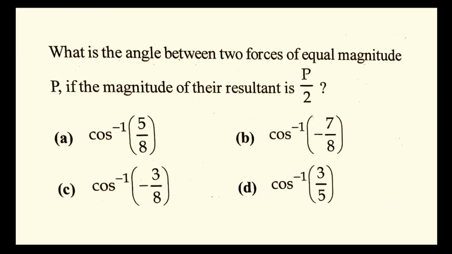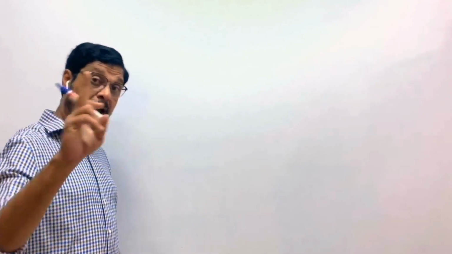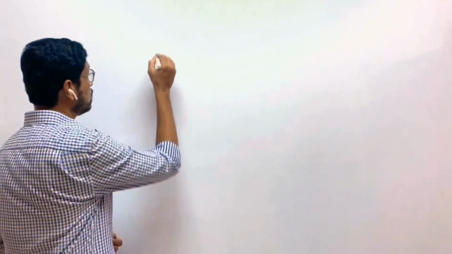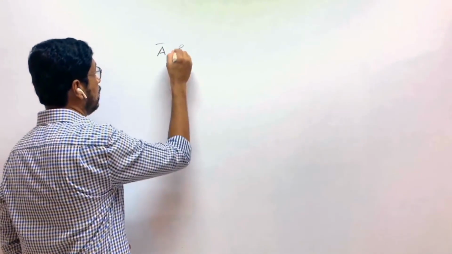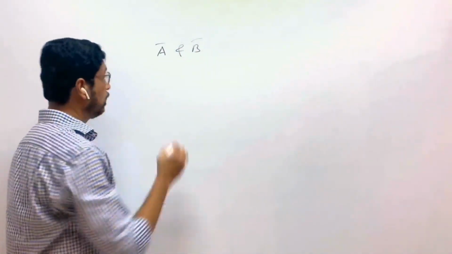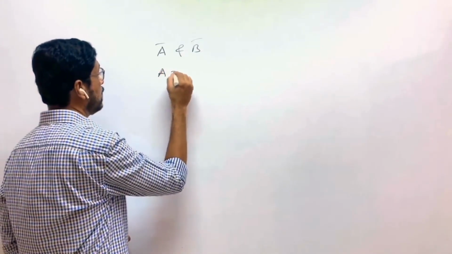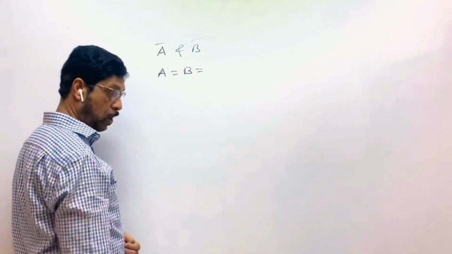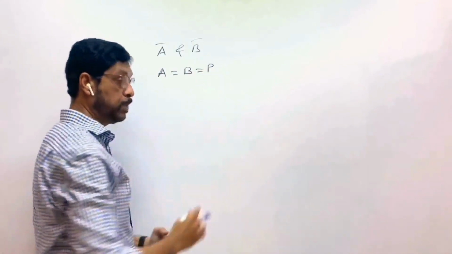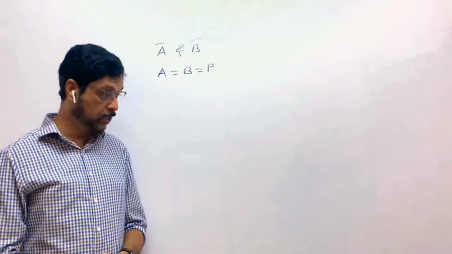The next question. What is the angle between two forces of equal magnitude P? Two forces are having equal magnitude. The forces are not equal, their magnitudes are equal. So suppose one force is A and other force is B, then magnitude of A is equal to magnitude of B is equal to P. Two forces of equal magnitude.